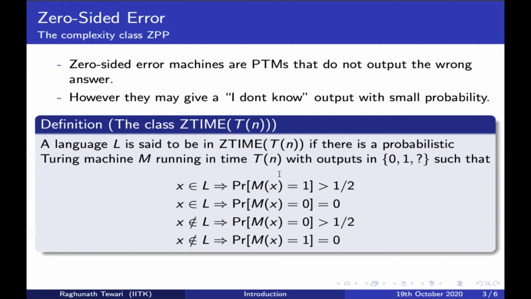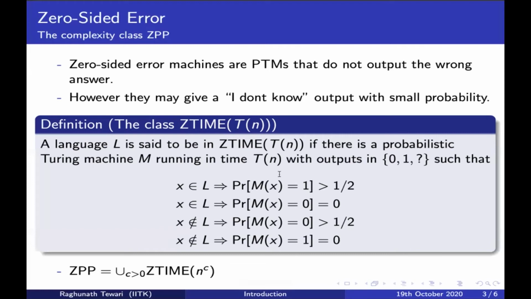So if X is in L, it never rejects, and if X is not in L, it would never accept. So the polynomial time analog class of ZTIME T of n is known as ZPP.